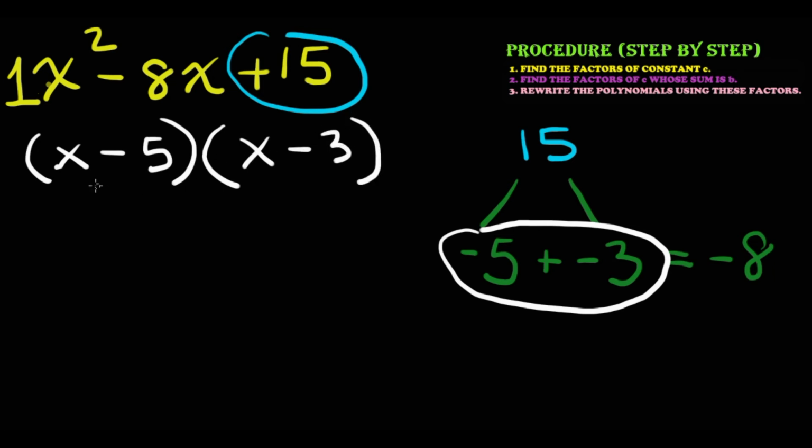Okay, so when you take x minus 5 times x minus 3, you get x squared minus 8x plus 15. And you can check it by multiplying these two binomials using the distributive property or the FOIL method or the add-and-multiply method.